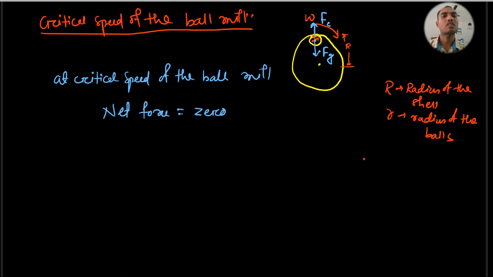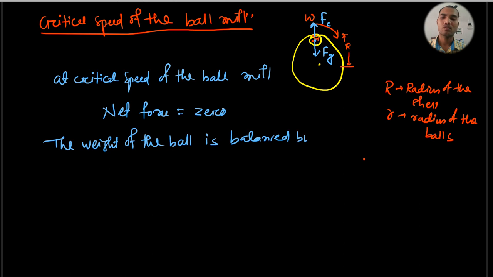So what forces are acting here? One is centrifugal force and another is the gravitational force, which is nothing but the weight of the ball, which is balanced by the centrifugal force.